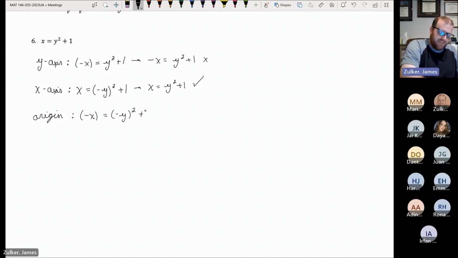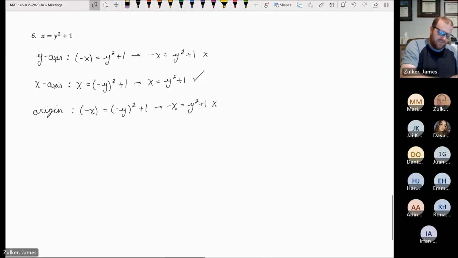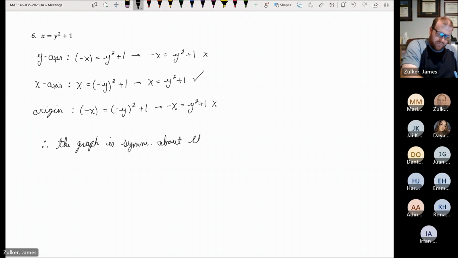All right, we already know we can't have it. So all we have is symmetry about the x-axis, right?